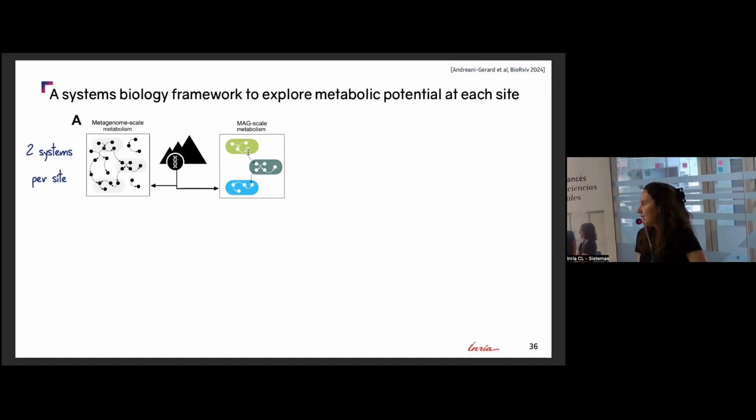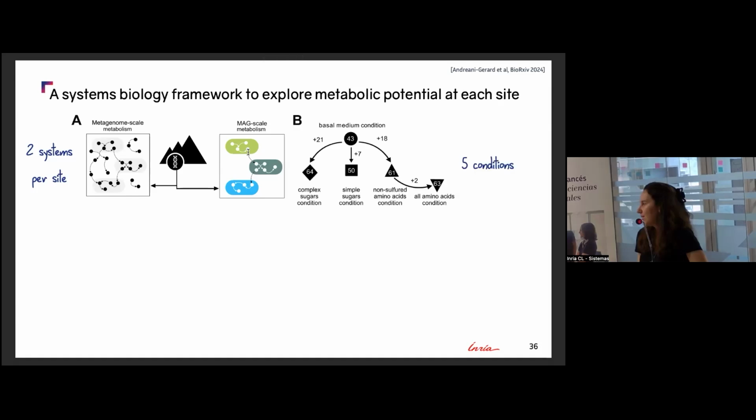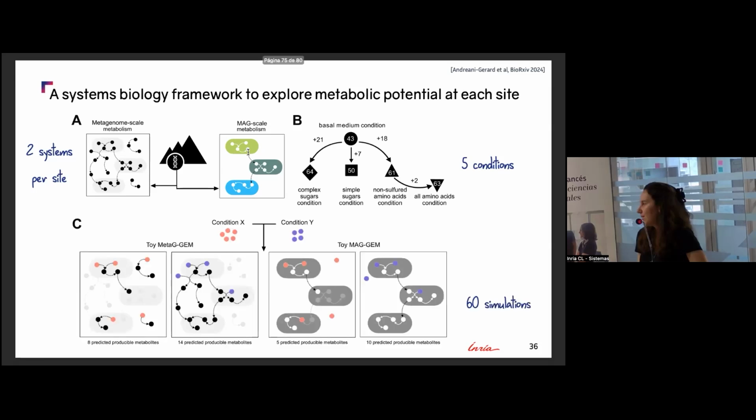So we built two systems. We designed 5 conditions in order to test the effect of the sparsity of nutrients in the models. So we had very poor medium and very rich media conditions. And we performed simulations in order to get the information on reachable compounds at the metagenome level or at the MAG level for each of the conditions.